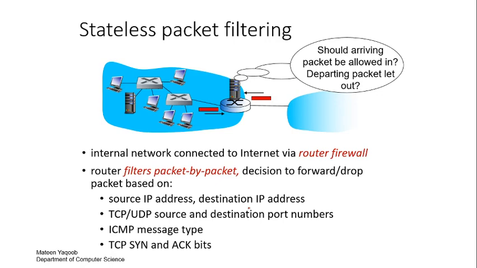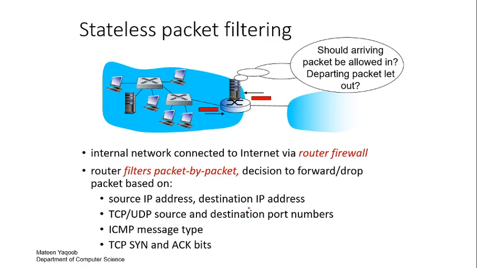The question is: should that packet be allowed to come into the network? It will be determined using packet filtering. Also in stateless packet filtering, we monitor the packets which are going out from our network to the public internet as well.